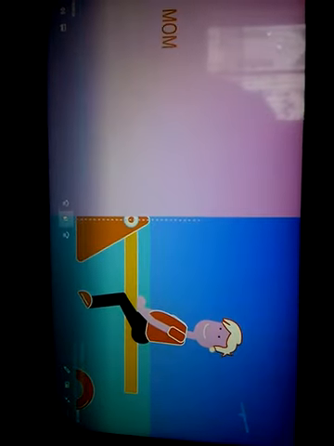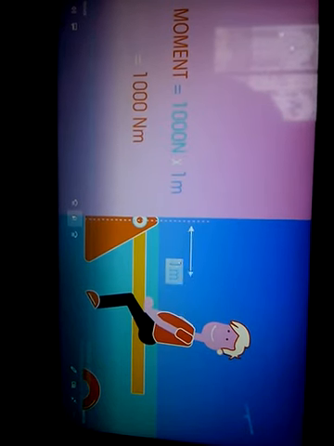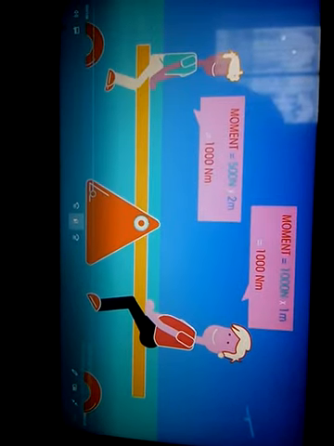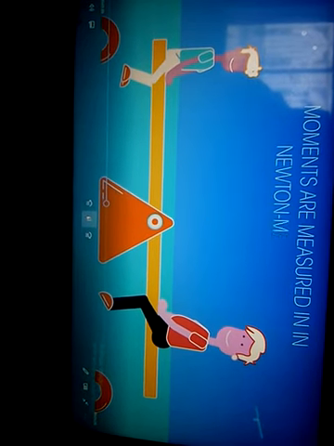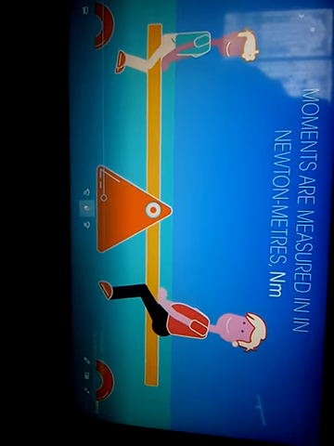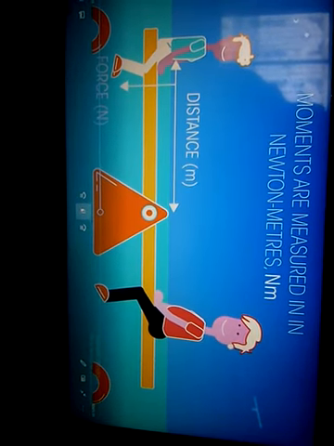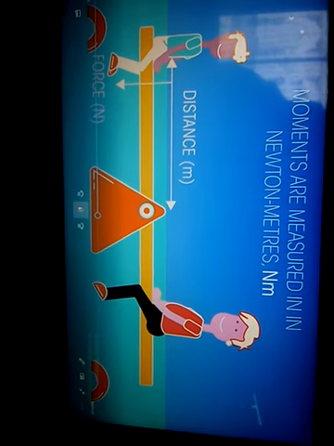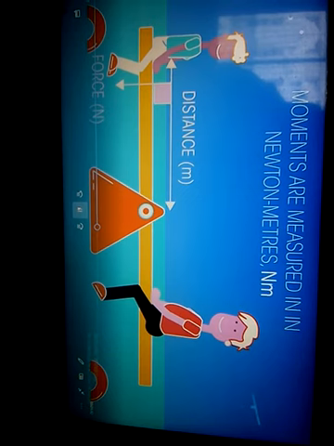And the heavier person is 1000 times 1 meter, to also give 1000 Newton meters. They're perfectly balanced on their seesaw. Did you notice that moments are measured in Newton meters, Nm, because force is measured in newtons, N, and distance in meters? Note that the distance must be the perpendicular distance from the pivot to the force.